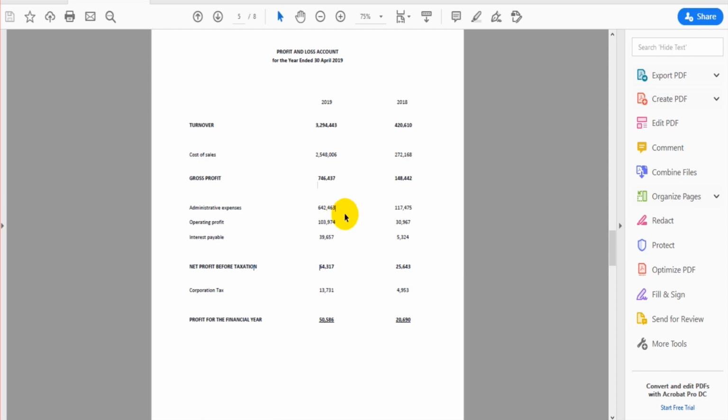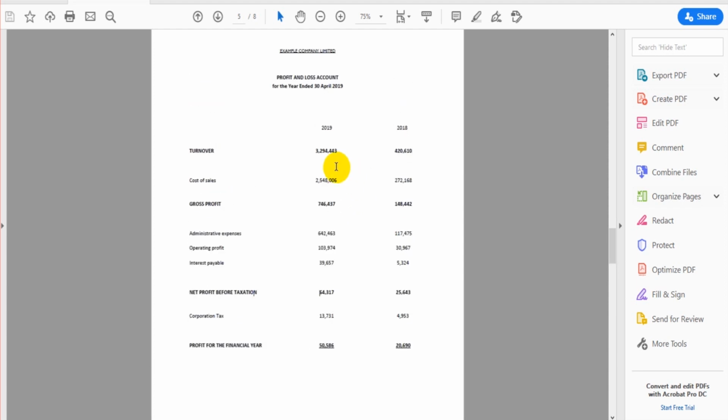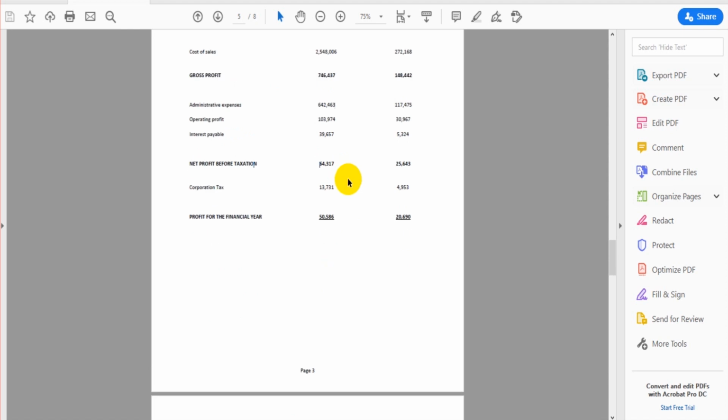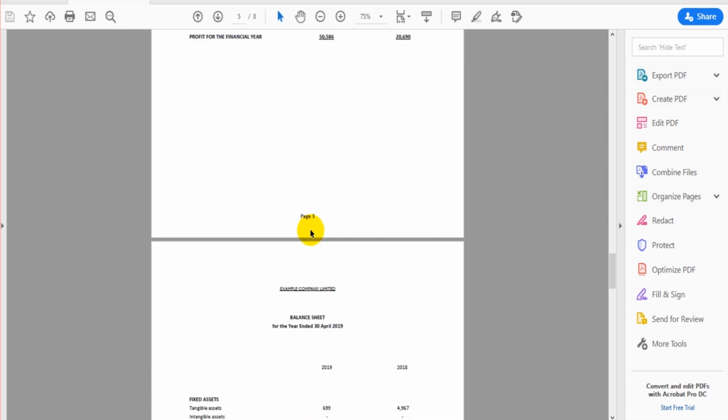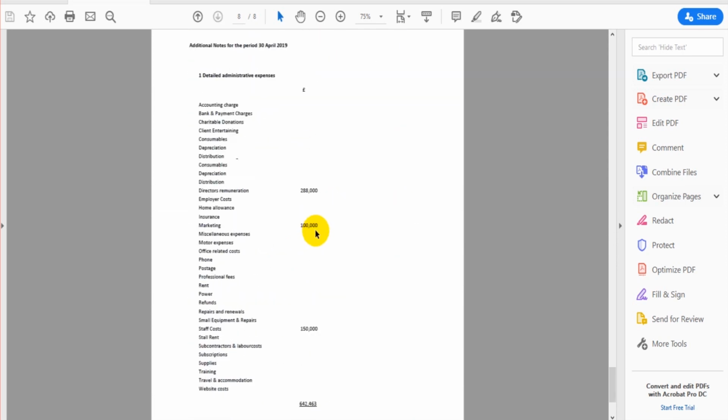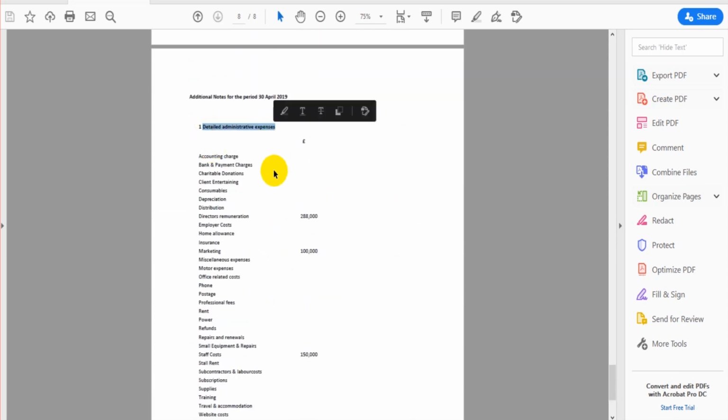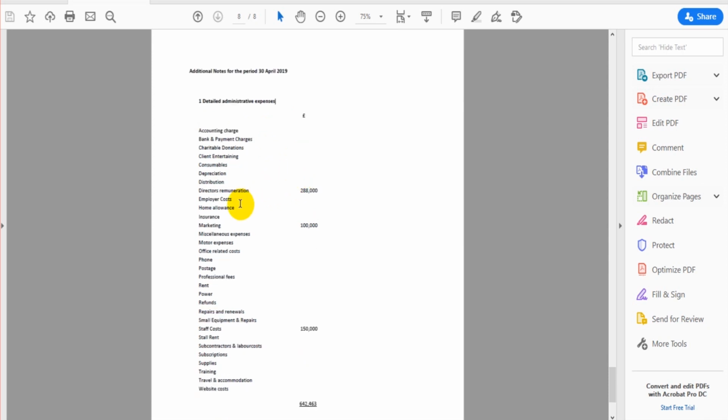Now, something else to look out for is directors' wages or shareholders' wages. Anyone that owns the business that's paying themselves, not their share of profit, but a wage, a salary that they're paying themselves. So if I go down to the bottom here, we have detailed administrative expenses, where we can see a breakdown of what that admin expenses is.